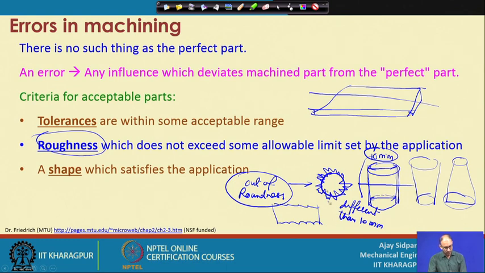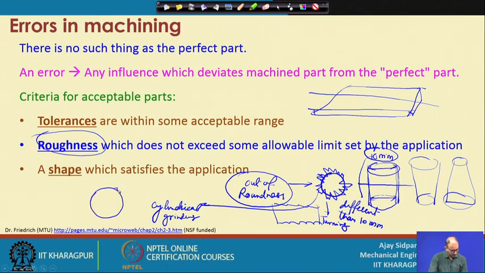Right. So now what you have to do, if you are getting this type of part after a turning operation, this is a turning, then you do a cylindrical grinding operation, and now the same part, and then you can actually reduce the variation in the out of roundness.